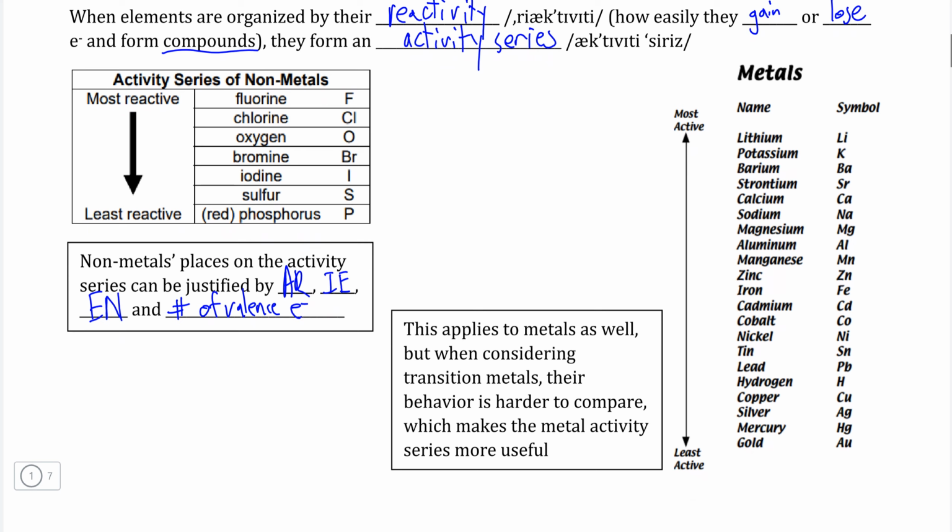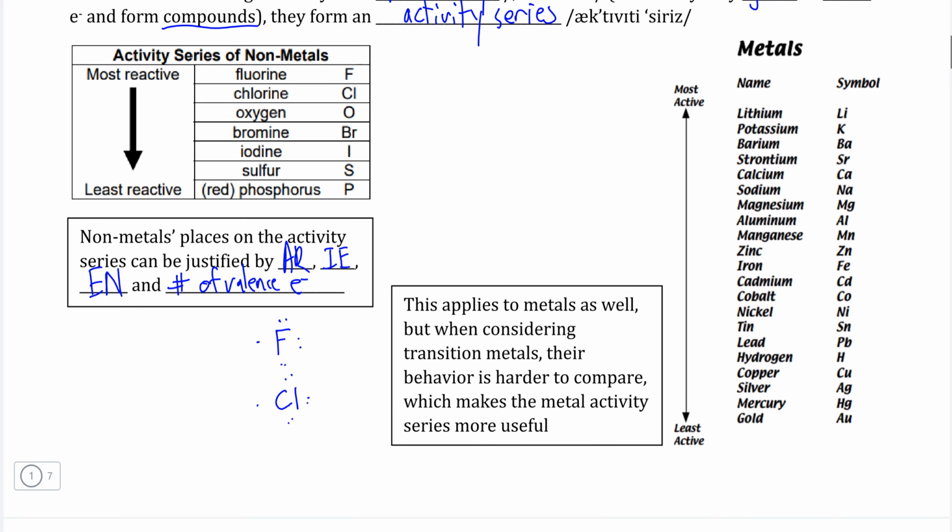previous unit. For example, if we compare fluorine and chlorine, both are halogens, which means we can't look at the number of valence electrons directly, because both of them are halogens, and therefore each of them has 7 valence electrons.